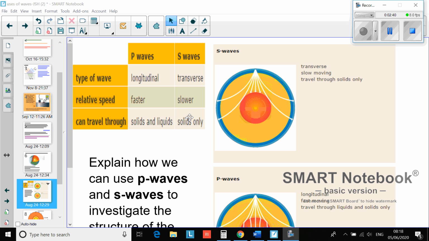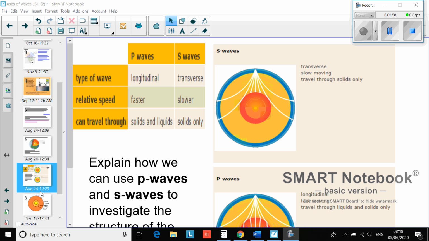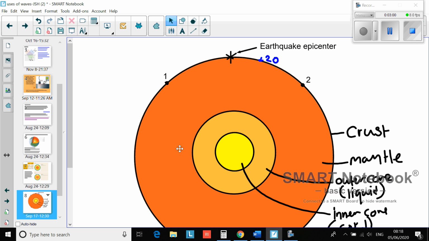Now, we know that longitudinal waves go through solids and liquids, but we've always known that transverse waves can't travel through liquids, physically through them. And that's an important thing to remember. But what I would like you to do is draw up a diagram like this.